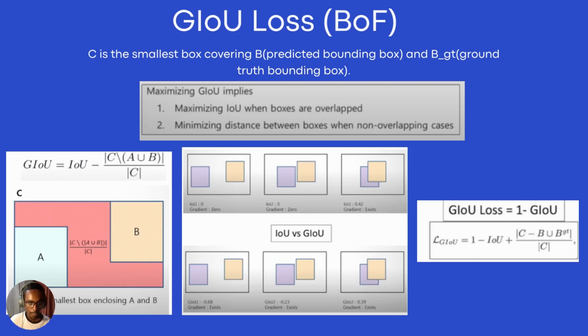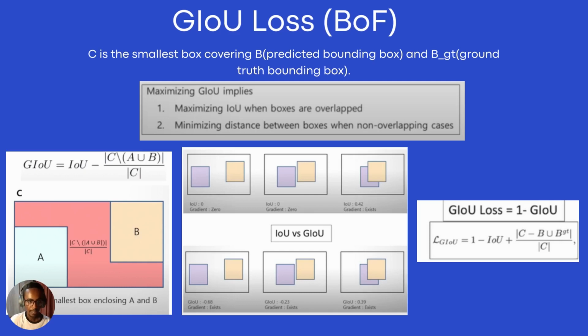So the term C minus A union B divided by C is just the area that's not covered by A and B. If C is the enclosing box of A and B, then the area which is not covered is represented by C minus A union B, divided by C. And when the boxes overlap, we don't have this term, and we only have the IOU term.